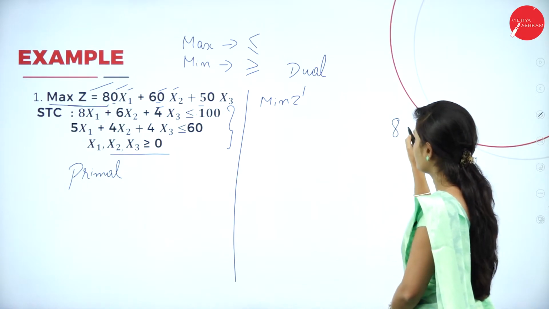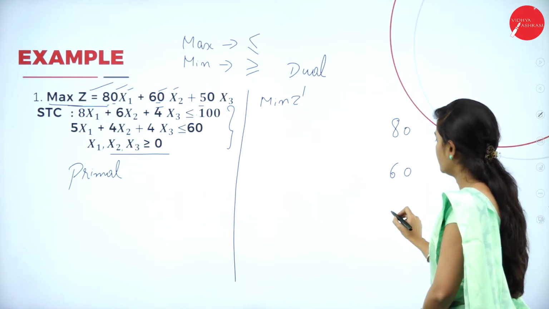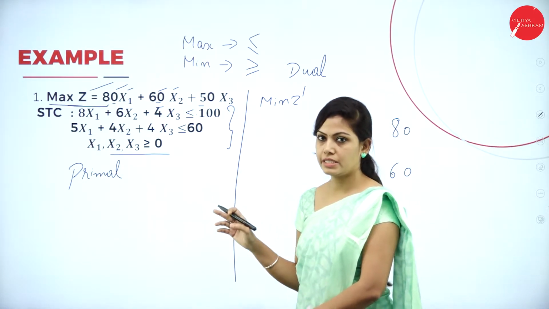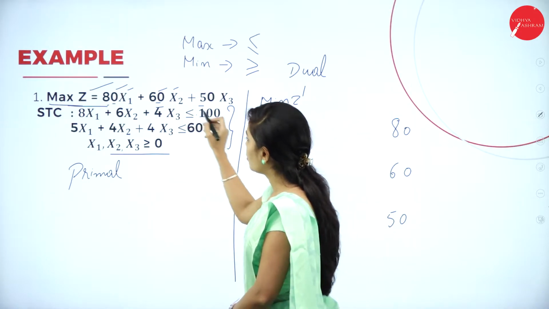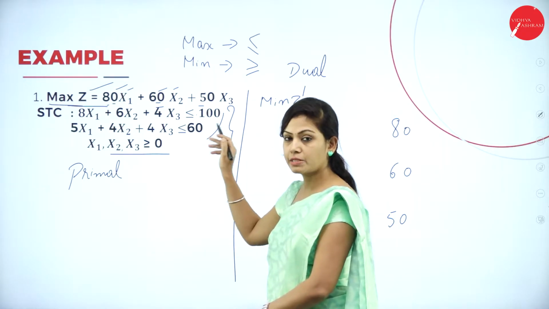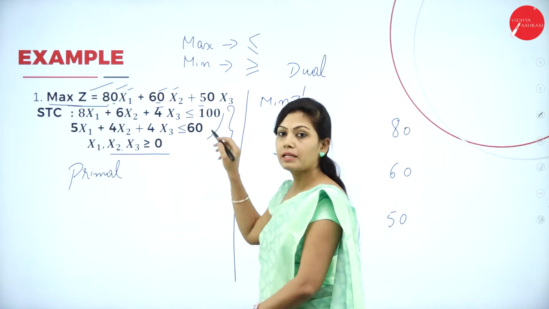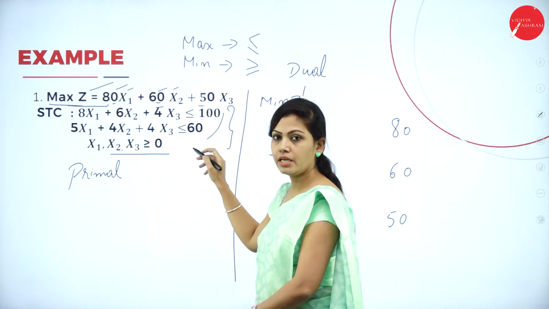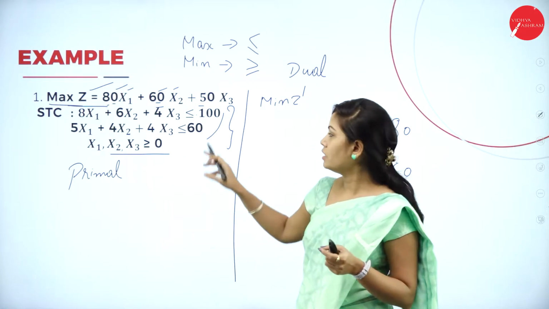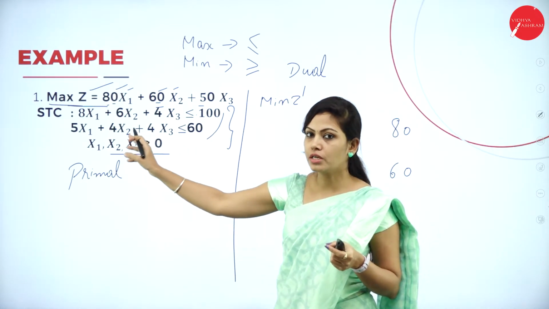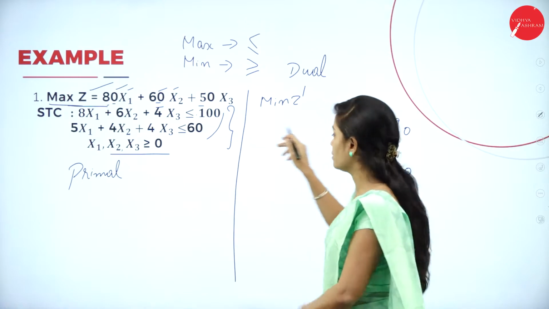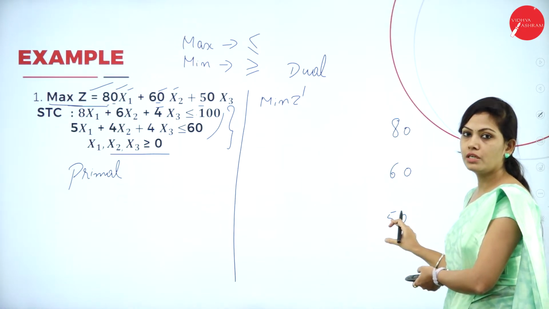So 80, 60 and 50 become the RHS of the constraints, and the constraint value 160 is my RHS value in this constraint. The RHS value 160 will become a coefficient of the objective function. So all the RHS values will move on to the coefficients of the objective function, and all the coefficients of the objective function will become the RHS of the constraints.